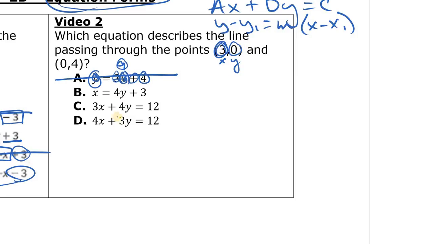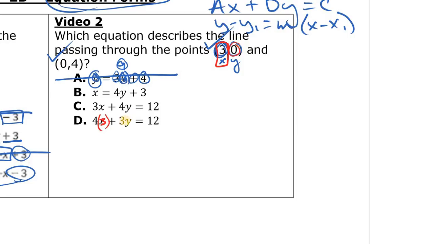So we can already eliminate A because it did not work out with our first point. We'll work our way through each of these answer choices, and it has to match both point 1 and point 2. I'm going to go ahead and skip to the answer that I can already tell is the answer. But if you were taking this test, you would just work your way straight down. I'm going to work on answer choice D. X is 3, so instead of that x, I put a 3.